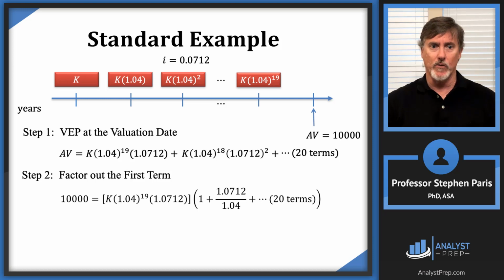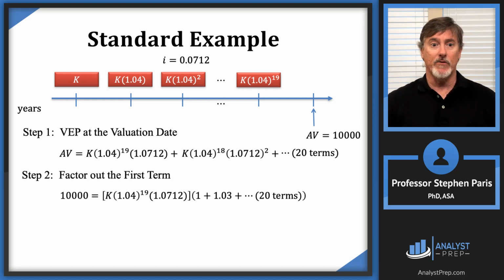Check your work by distributing across the parentheses in that last expression, making sure that you recover the original expression for the accumulated value. And I will. So that's the correct equation, and now I'm ready to move on to step 3.